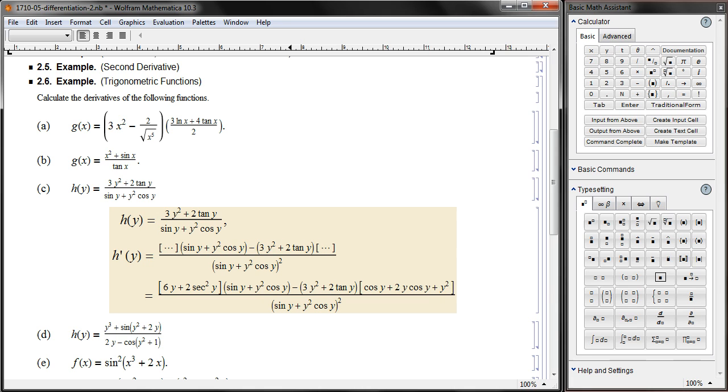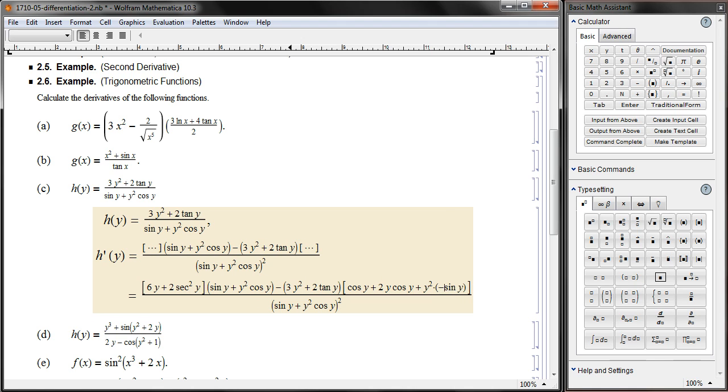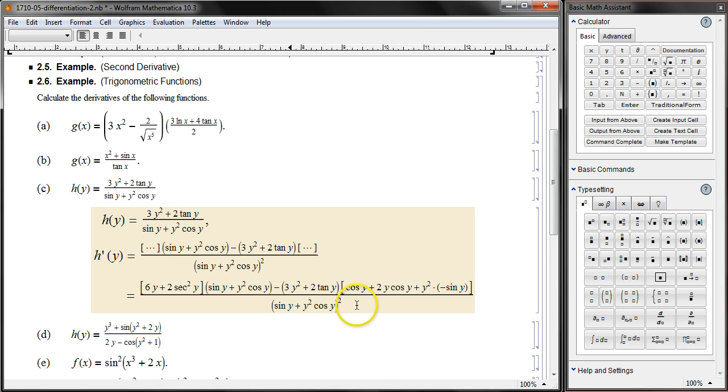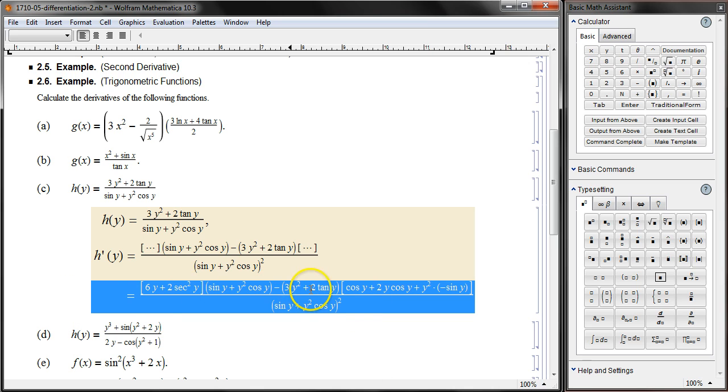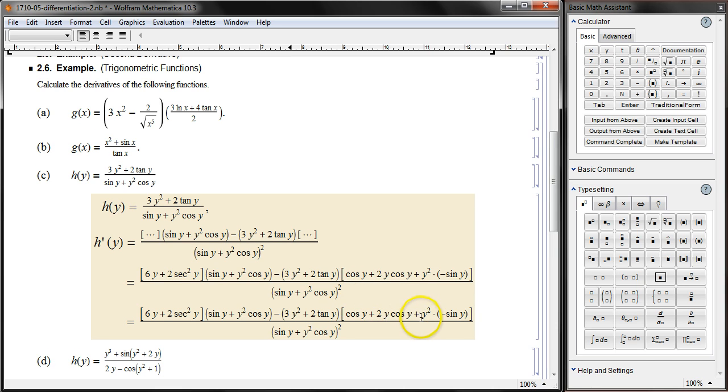The derivative of the second function gives a negative sign, so you can take this negative sign and then change this one into negative, like this.